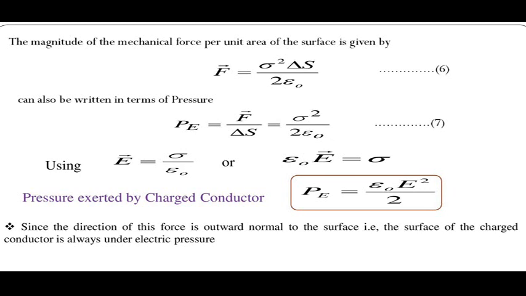Now we have just learned that any charged conductor is exerting a force in the outward direction, or we can say pressure. So that means that the small area element which we have kept can be moved through a certain distance.